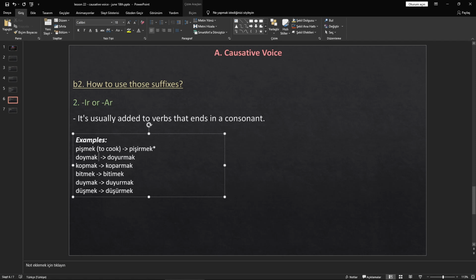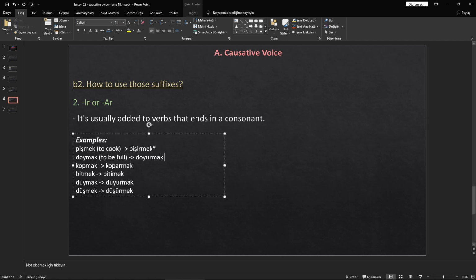I didn't insert the translations. Let me quickly do that. Doymak, to be full when you eat food and you feel full. In Turkish, we have a verb for this. In English, you will basically say, hey, thanks, the food was nice, I'm full, I don't want to eat anymore. But in Turkish, we have an actual verb, doydum. And when you say doyurmak, it's causing someone to be full, as in to feed someone.